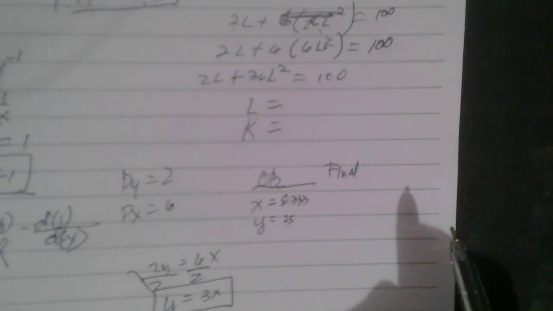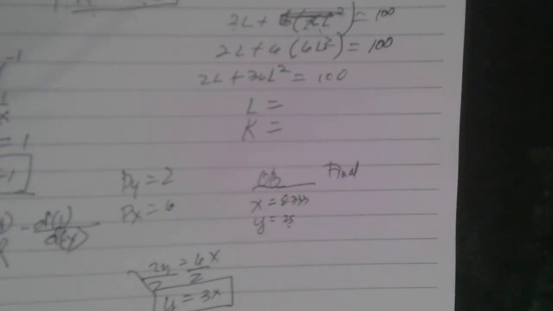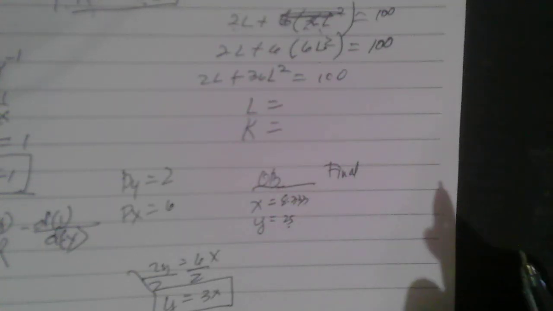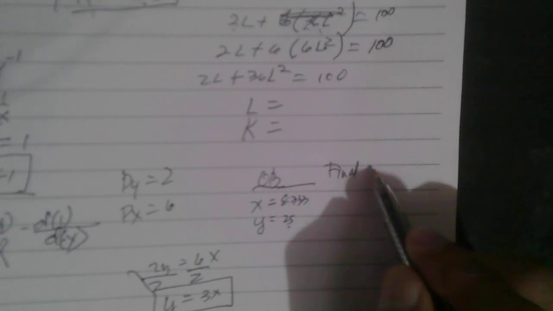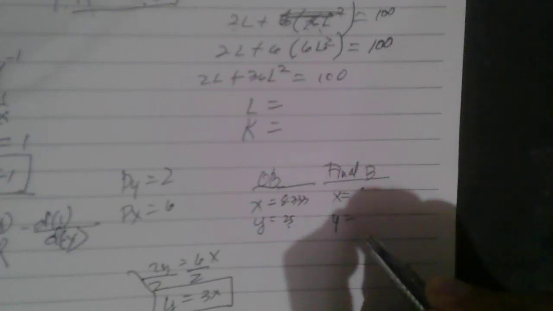What is important is what happens to y. The final bundle is how much x and how much y.